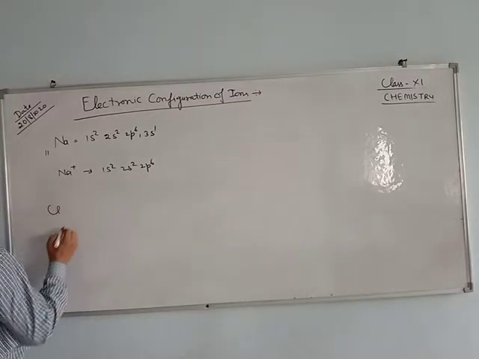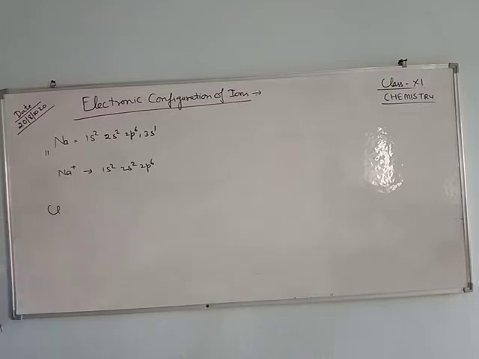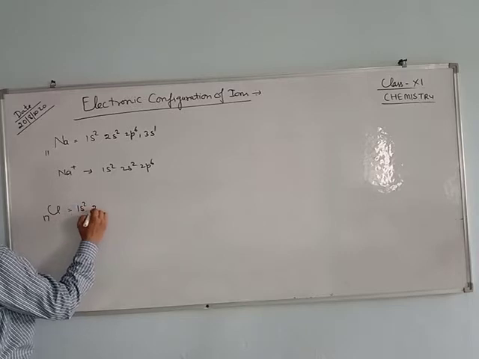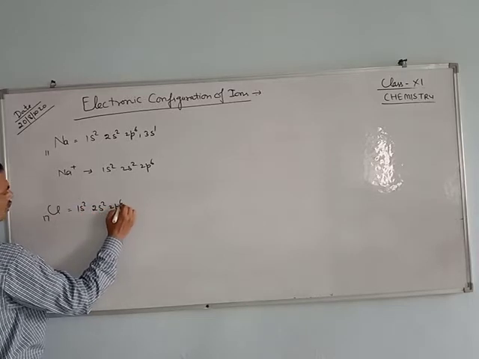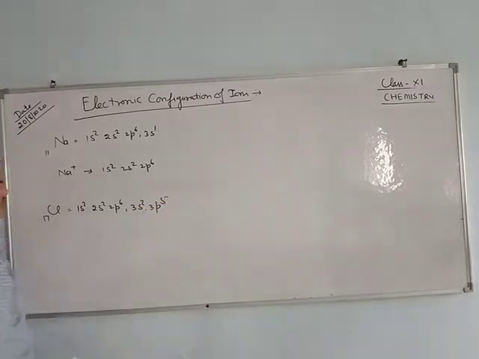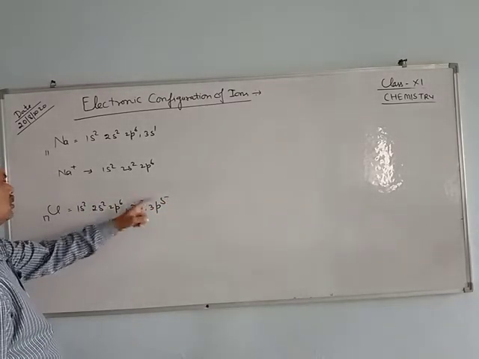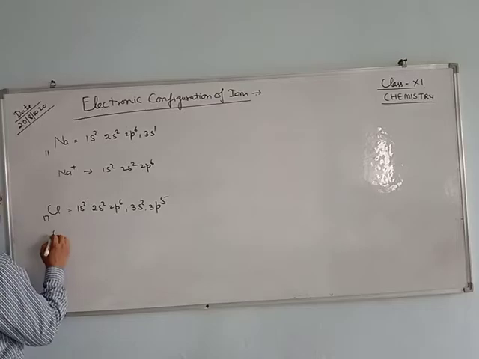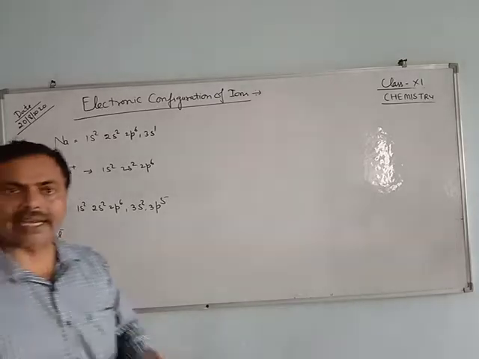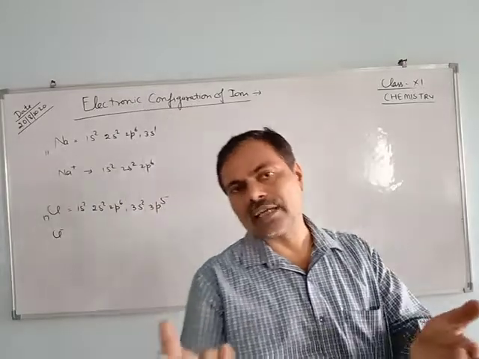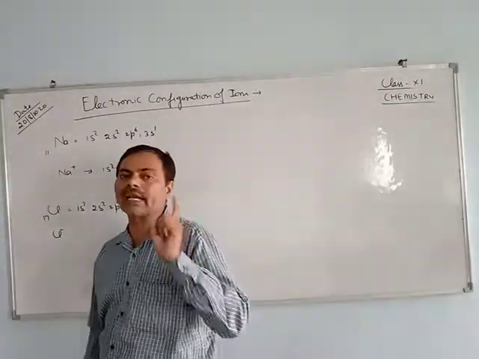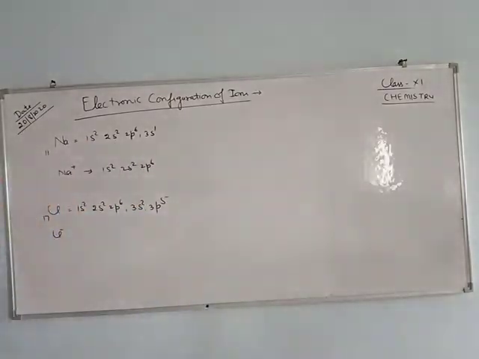Next example is the chloride ion. First of all, you must know the electronic configuration of the chlorine atom: 1s2, 2s2, 2p6, 3s2, 3p5. Now the chloride ion is an anion. An anion is formed when an electron is gained. The chlorine atom gains one electron to form the chloride ion.